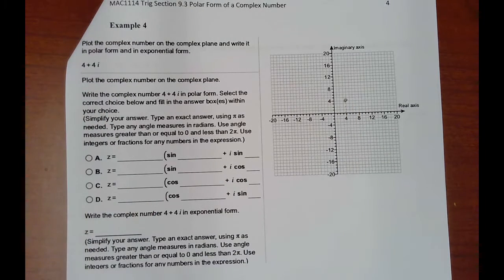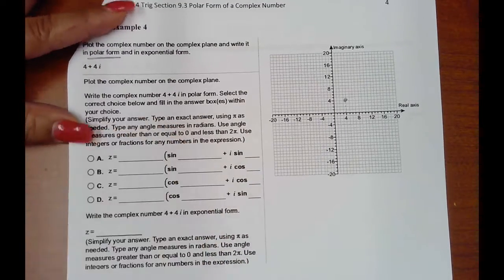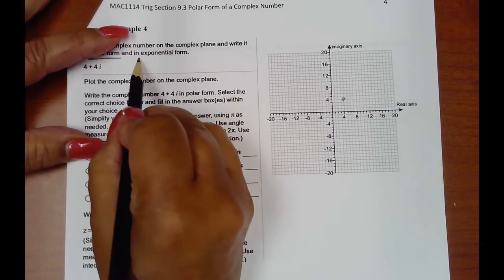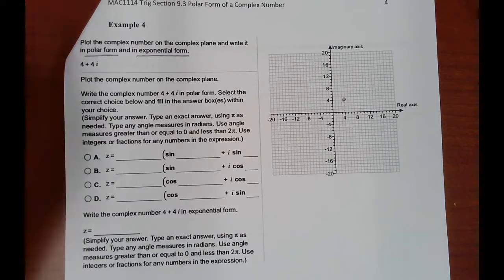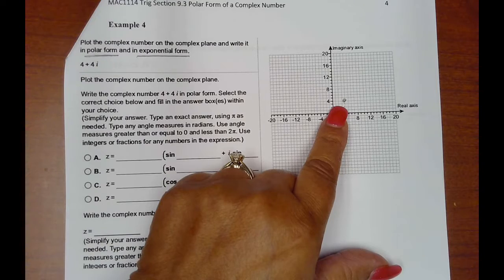So you want to make sure that when you find r and theta in order to put this in polar form, and you need r and theta to put it in exponential form, that theta is in the same quadrant as this every time you go to do one of these problems. That's why they have you plot it first, so that you have a visual on it.